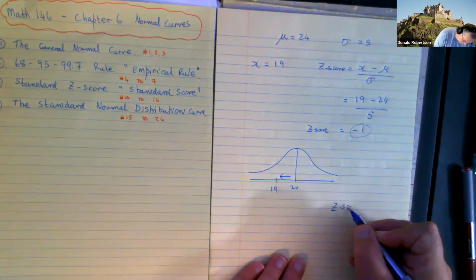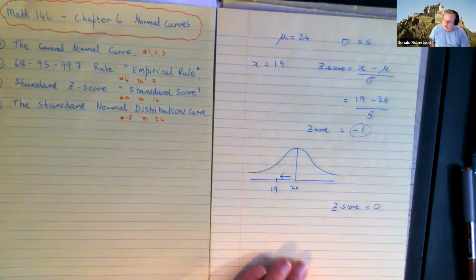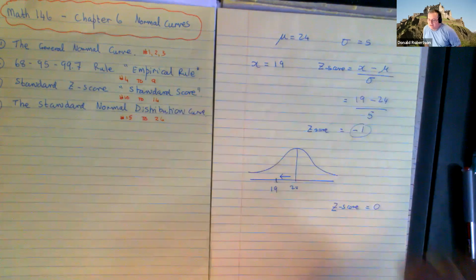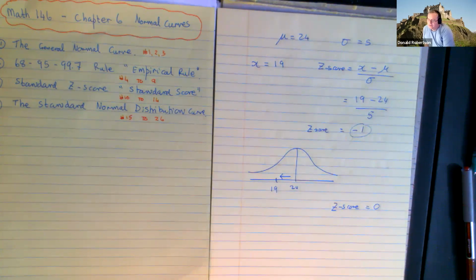Suppose you get a Z-score of 0, because that could happen. What does that tell you about the person's X value if their Z-score is 0? What do you know about the person if their Z-score is 0?